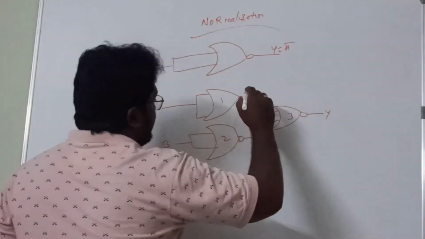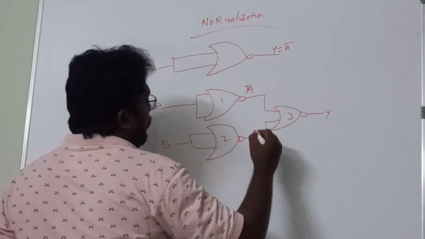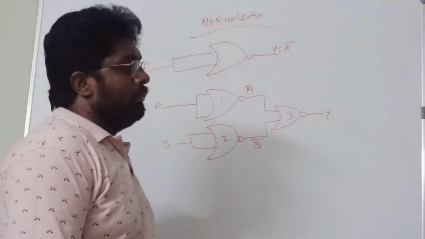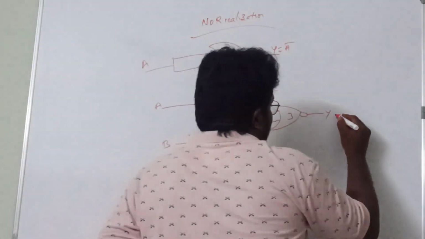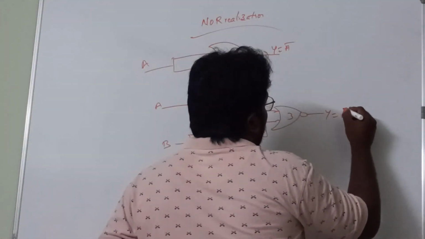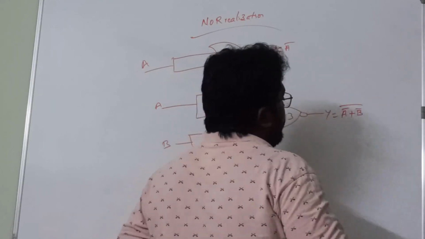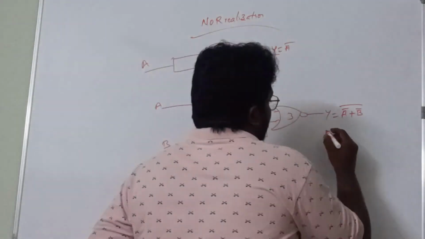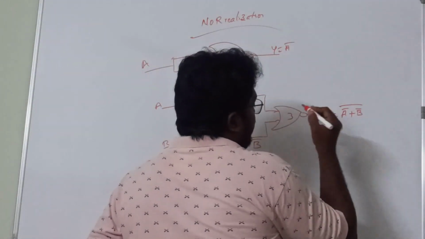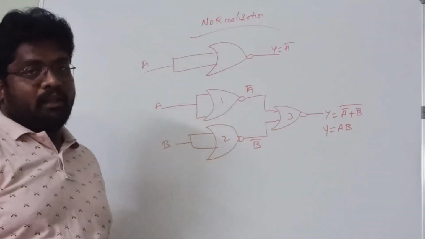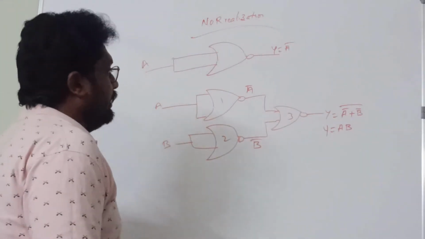The output for the first NOR gate is A complement, and for the second NOR gate is B complement. So now Y is equal to A complement or B complement whole complement. So by using De Morgan's law, Y becomes A dot B.